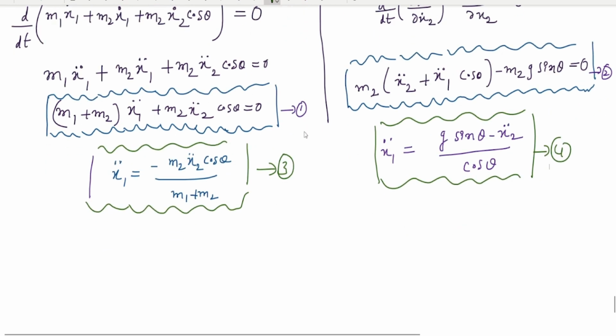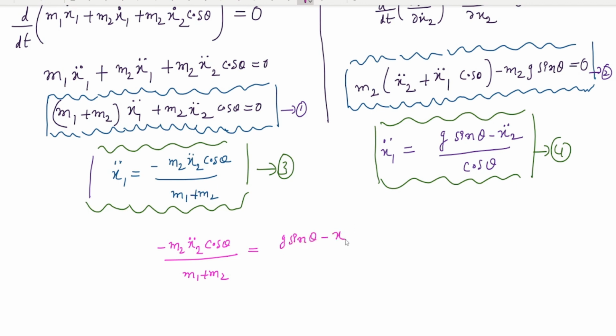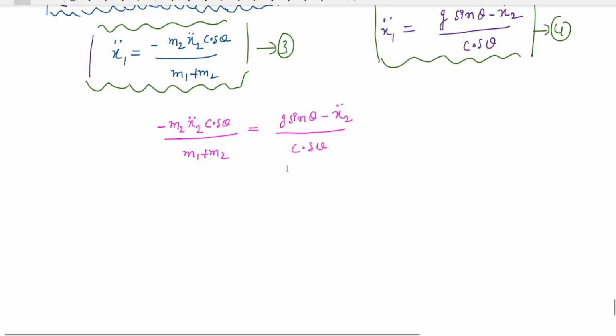So from equations 3 and 4, we get this very important equation: minus m2 x double dot 2 cos theta divided by m1 plus m2 equal to, from these two equations, g sin theta minus x2 double dot divided by cos theta. So I want to rearrange this equation.